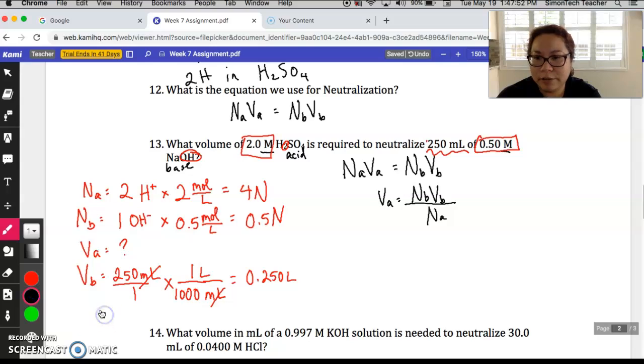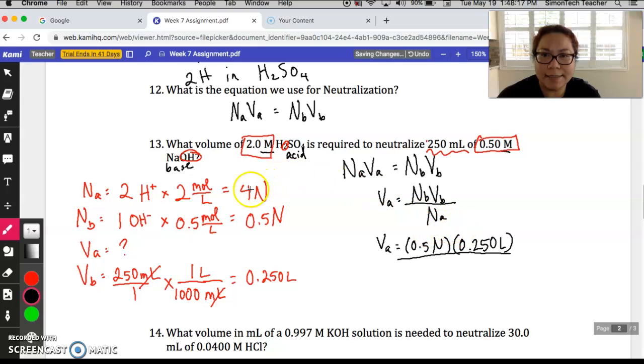Let me change it to my black pen again. So the volume of the acid will be the normality of the base, right here, it's going to be 0.5 normal times the volume of the base. It's down here, 0.250 liters, divided by the normality of the acid, which is 4N. And we can cancel out the units of normalities there. Take your calculator, use the Google scientific calculator if you don't have one.